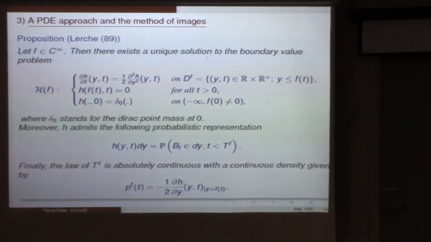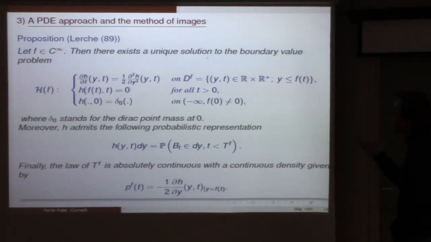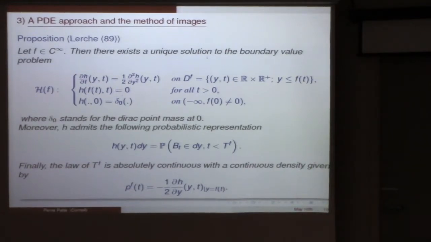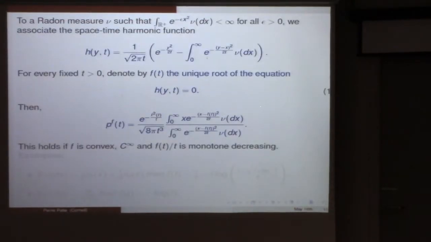So if you solve this PDE, you can get an explicit expression for this density, but it turns out that we don't know how to solve this PDE, except for the linear boundary; there is no easy way of solving it. However, there is a methodology, the so-called method of images, which has been suggested to solve this PDE in a certain way, and I'm going to describe it now.